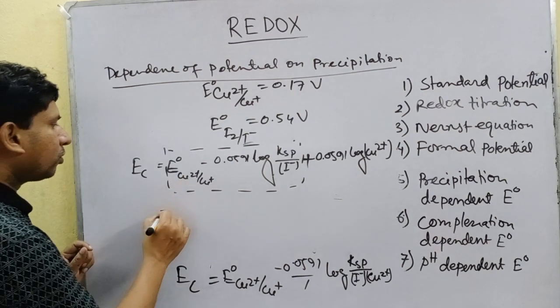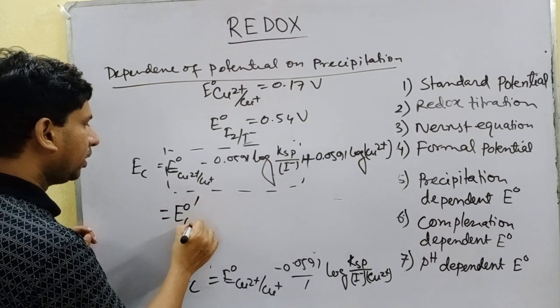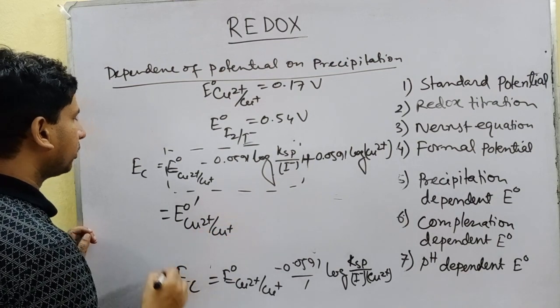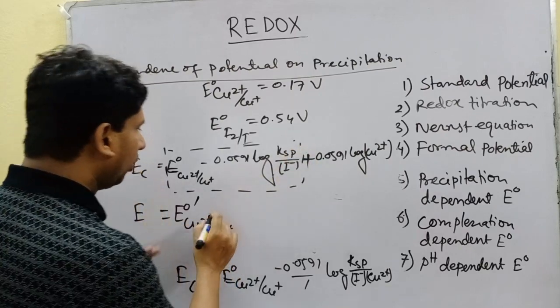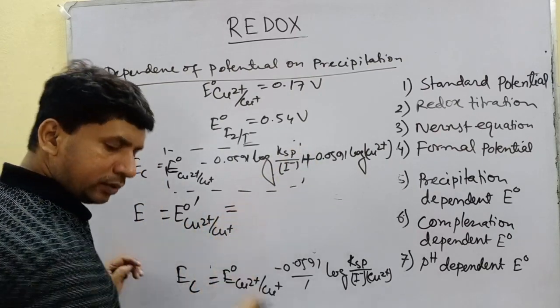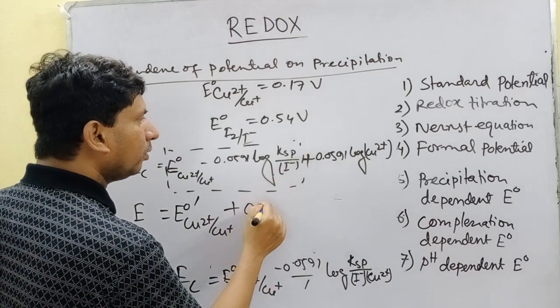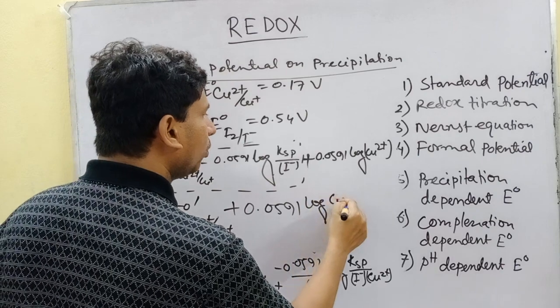So this is known as E0 dash Cu2+/Cu+, so E equals this plus 0.0591 log Cu2+.